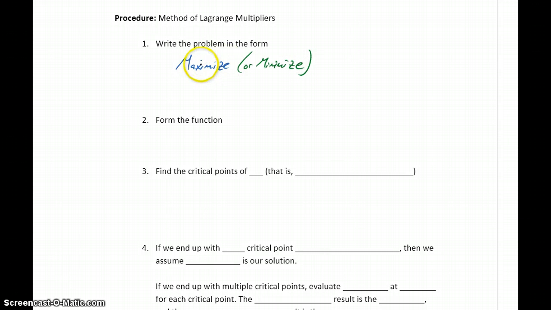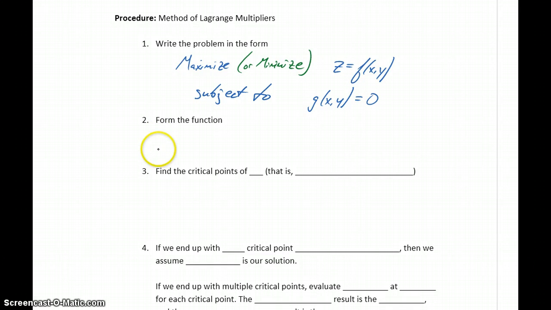So typically we're interested in maximizing profit, minimizing cost. So we have some function that we either want to maximize or minimize, subject to some given constraint, g of x, y, and whatever that constraint function is, we're going to set it equal to 0.